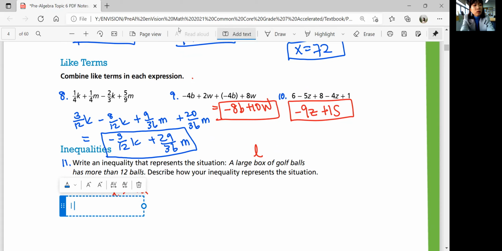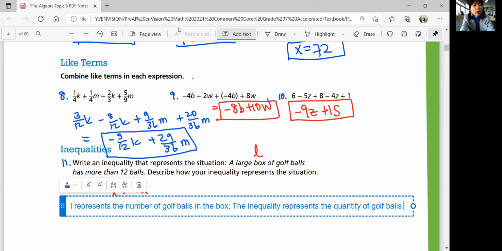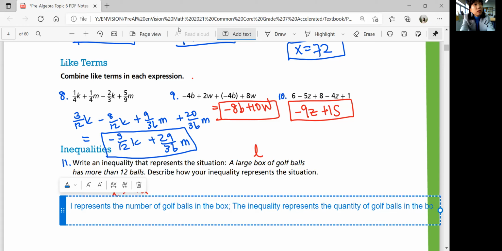L represents the number of golf balls in the box. So the inequality represents the quantity of golf balls in the box, which is greater than 12.